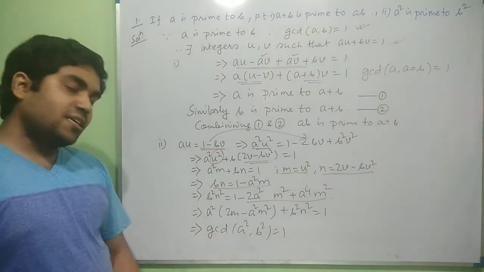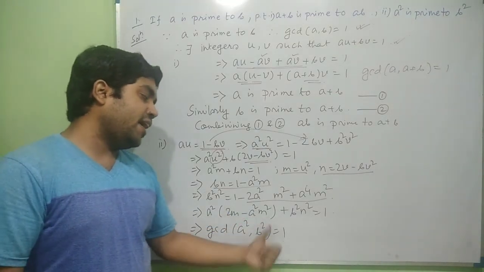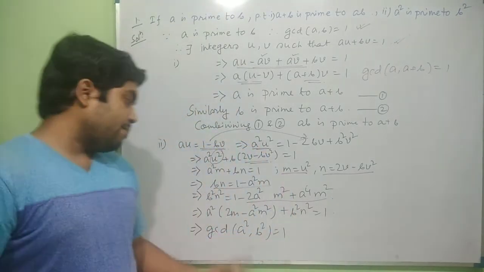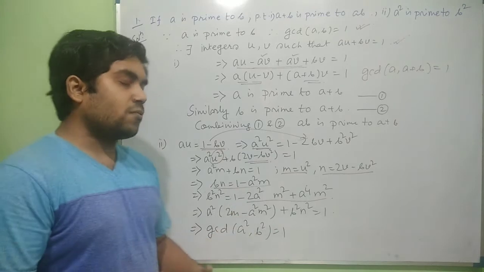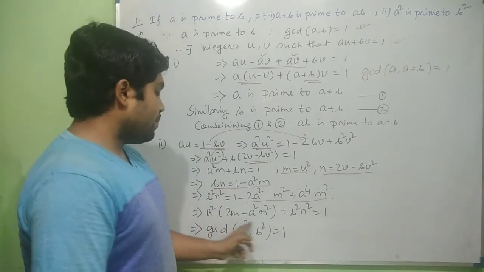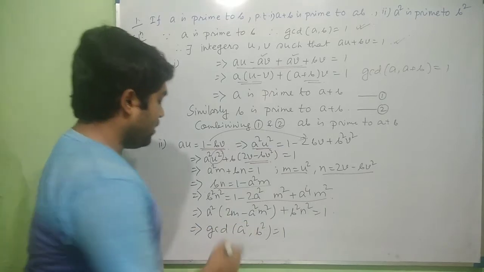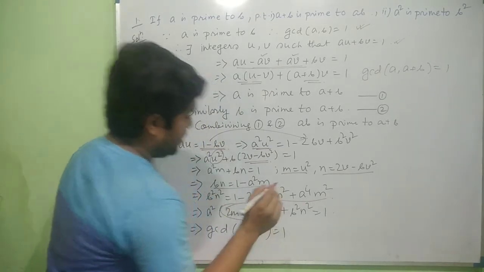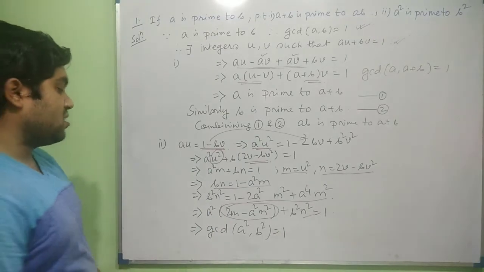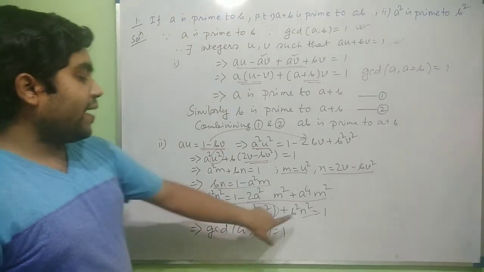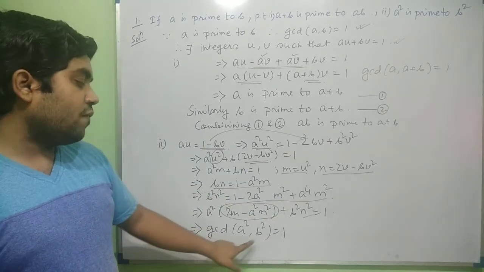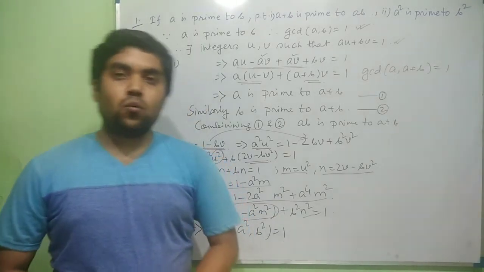Since M is an integer, 2 is an integer, and A square M square are integers, the addition, multiplication and subtraction of integers always implies an integer. This implies that 2M minus A square M square is an integer and N square is an integer. This implies A square and B square are prime to each other, because the GCD of A square and B square will be 1.